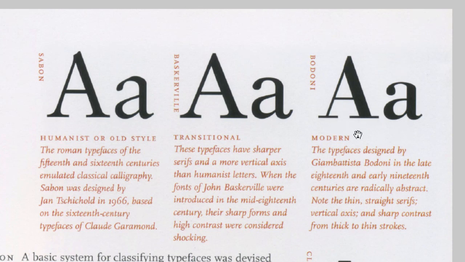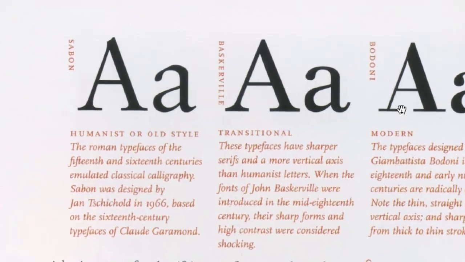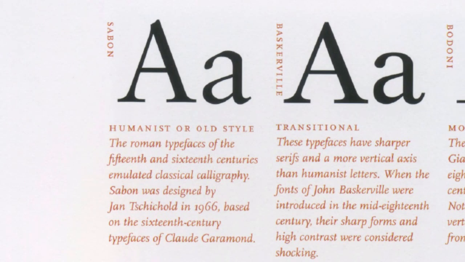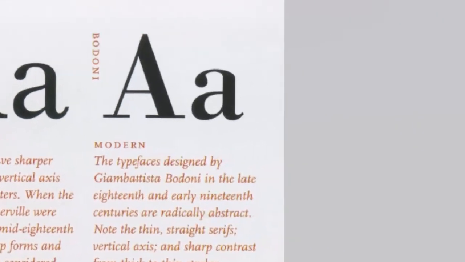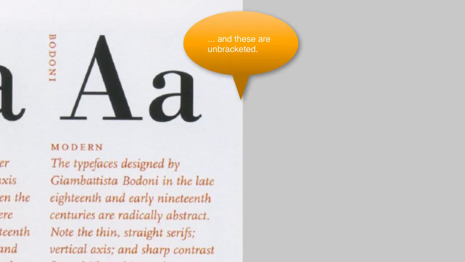So modern fonts will still have the serifs, and in this case there's another term that we didn't quite mention, but these are bracketed serifs and unbracketed serifs. So you just want to know the difference between those, where they're very, very sharp serifs that are unbracketed, and then of course the bracketed where they're not.